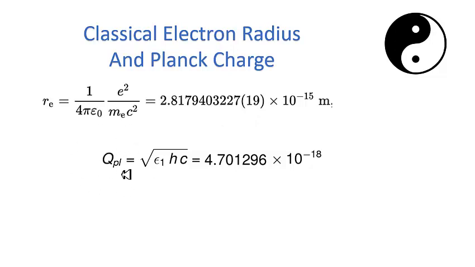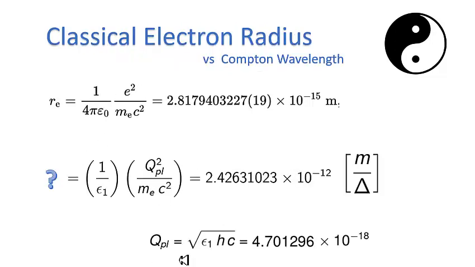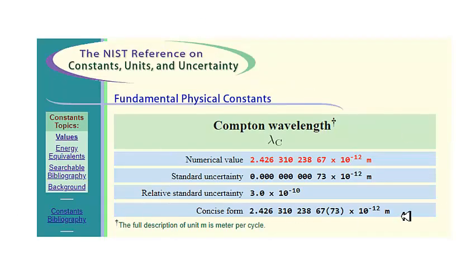What I found was that when you replace elementary charge, e squared, with Planck charge squared in this equation here, you end up with this value, which is in fact the Compton wavelength of the electron.